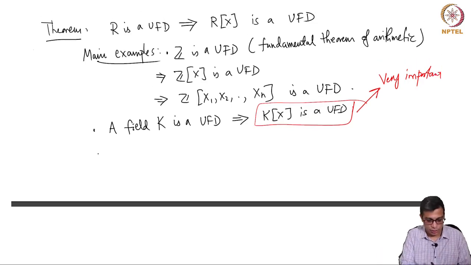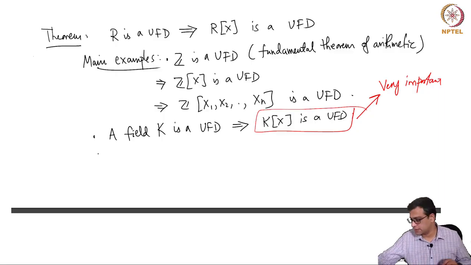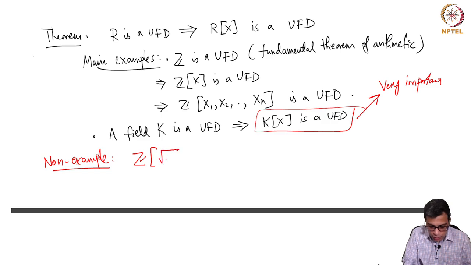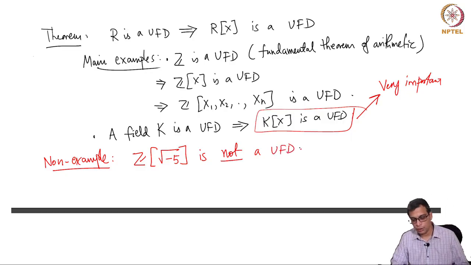Some other examples of UFDs, or rather non-UFDs. So this is a non-example. If you take Z adjoined square root of minus 5, it is not a UFD. This is covered in my ring theory course, for example, or you can look up any book in ring theory.